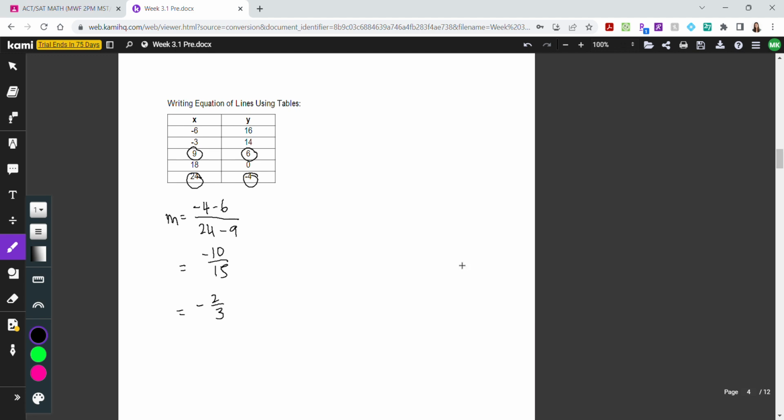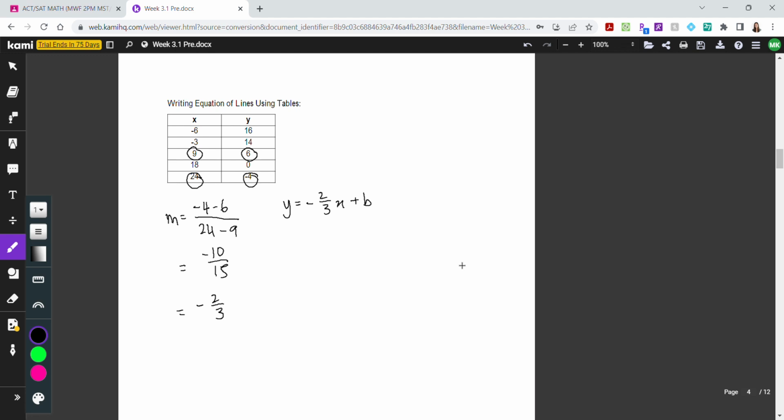From here we can plug it into y equals negative 2 over 3 x plus b. We don't know what b is, and we're about to find that. In order to find b, we take any of the points in this table and plug them into y and x, but make sure you plug them in as a pair.